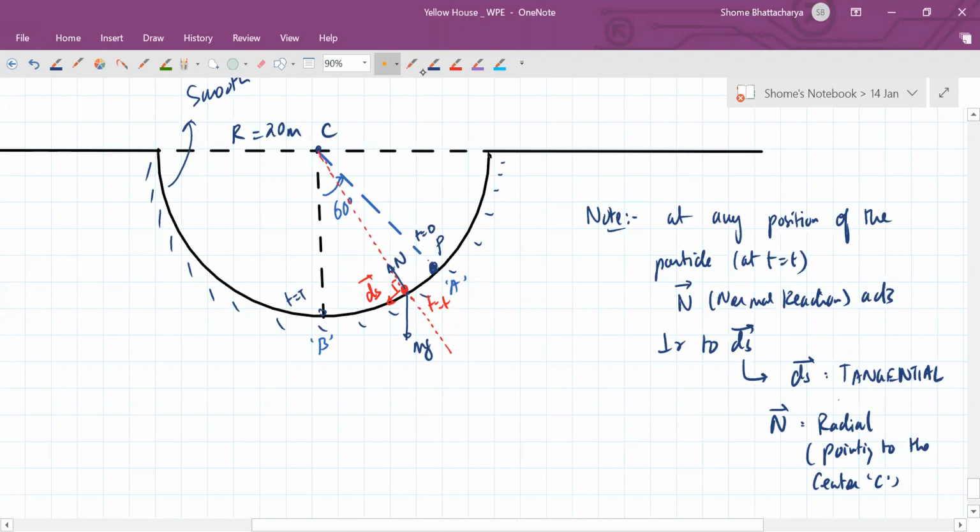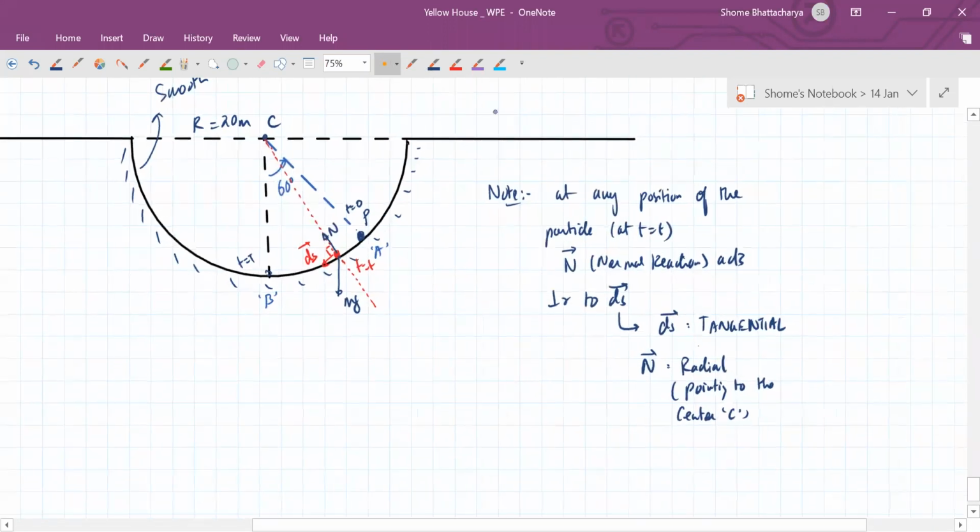Okay. So what will happen is, even though n is a variable force, it doesn't matter how much it is equal to. So work done by normal reaction will become 0 because it is perpendicular.